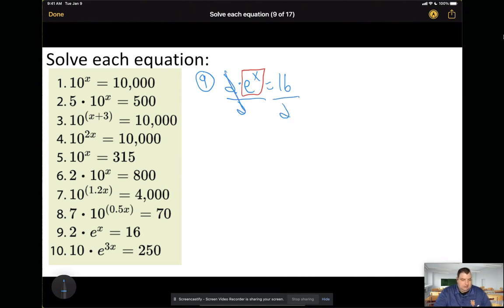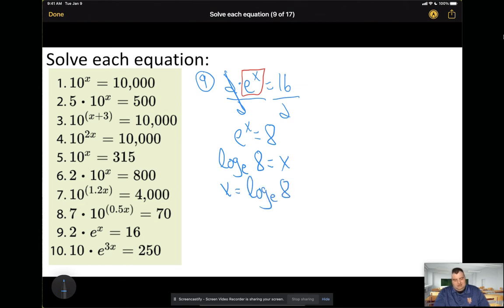So I'm going to have e to the power of x equals 8. Now I'm going to rewrite it in log form. So this will be log base e of 8 equals x, or x equals log base e of 8.